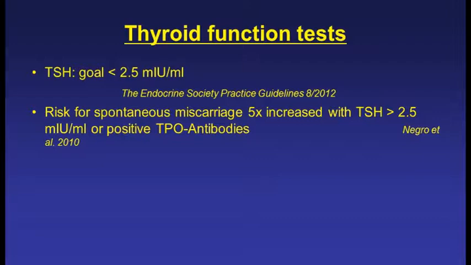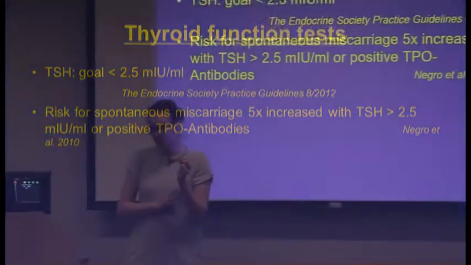And the reason why we do is because there have been multiple studies that have shown that in women, particularly in women who have positive thyroid antibodies, meaning that they've had an autoimmune condition that causes them to have low thyroid, they have an increased risk of miscarriage if their TSH is not treated to less than 2.5, okay? There is some controversy out there, okay?